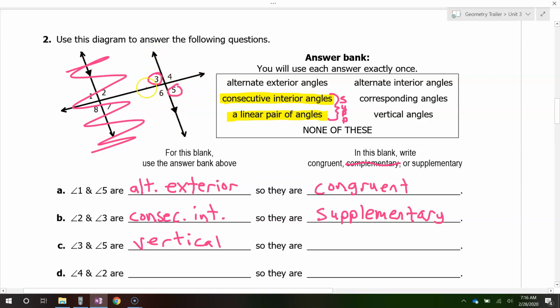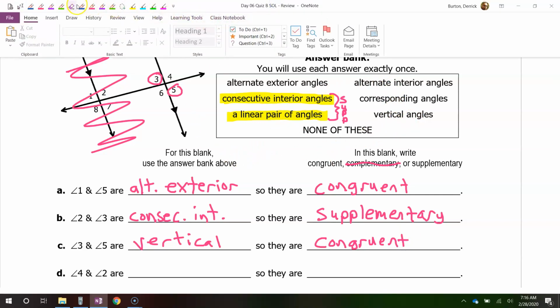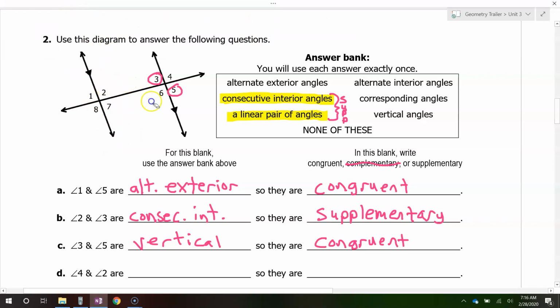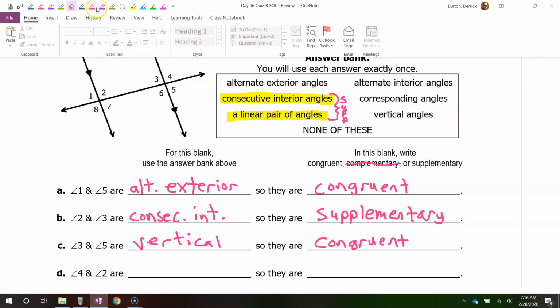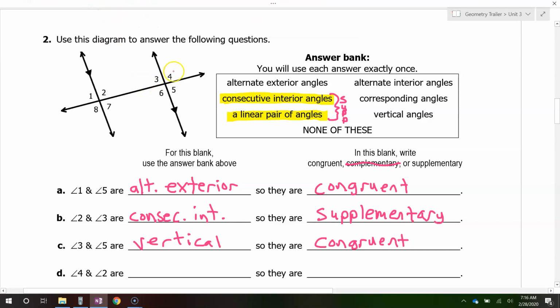It's because of the X that's formed, and angles across from each other in the X are called vertical angles, and they are always congruent. All right, only these two are supplementary, so vertical angles are congruent. All right, how about angles 4 and 2? All right, angles like 4 and 2 are called corresponding angles.